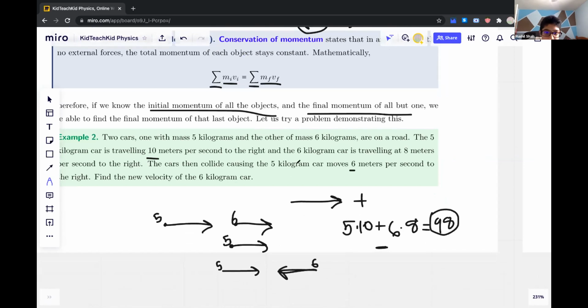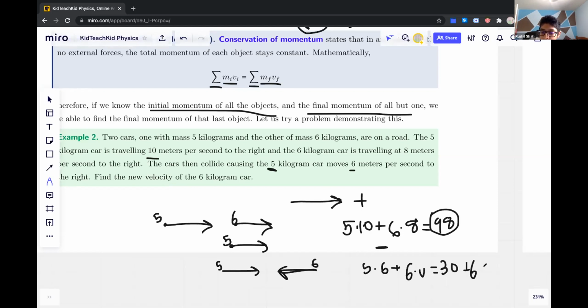So the final momentum will be, we know the 5 kilogram car is moving 6 to the right. So we have 5 times 6, which is positive. And then we have plus the 6 kilogram car. And let's say it's moving at some velocity v after the collision. So this means that the final momentum is going to be 30 plus 6v.